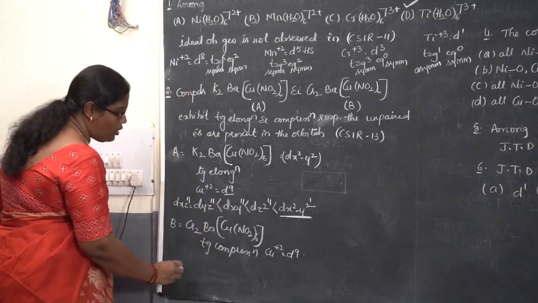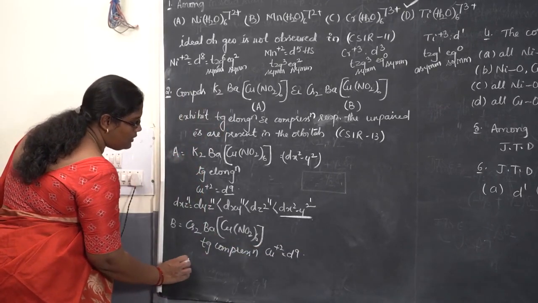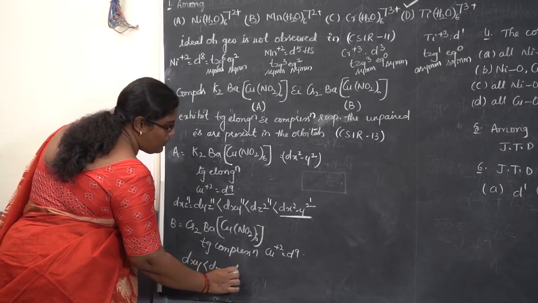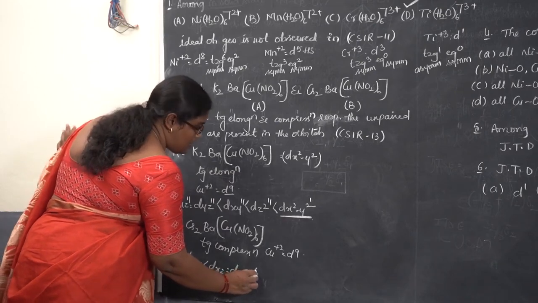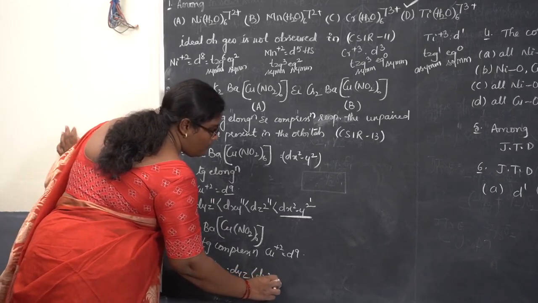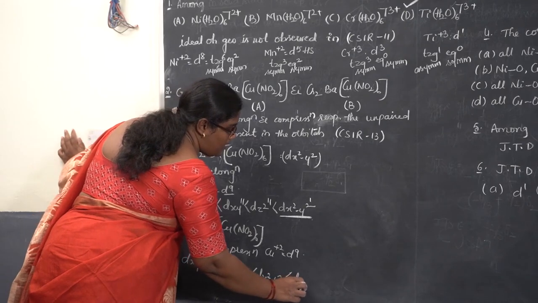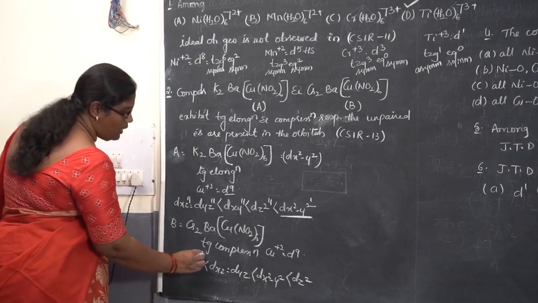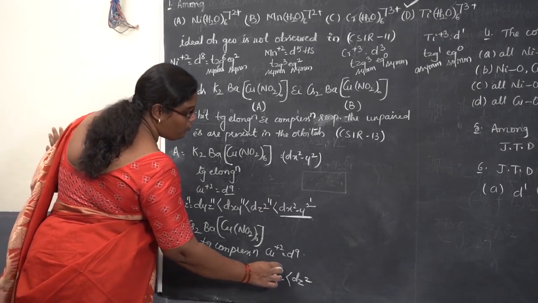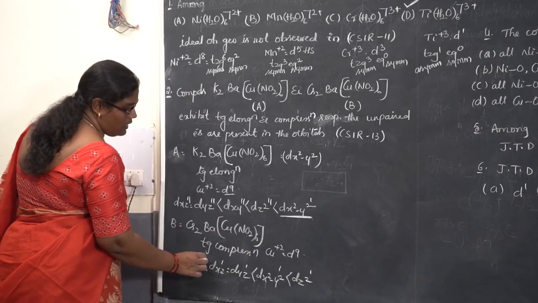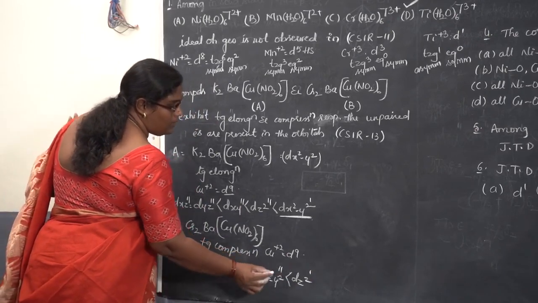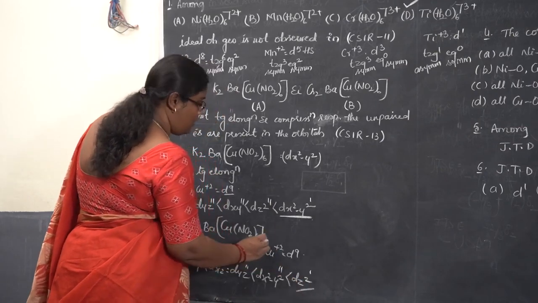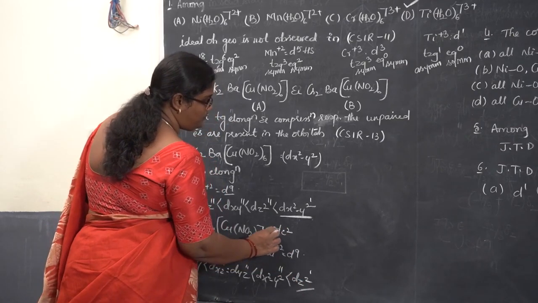The increasing order of energies of orbitals is dxy less than dxz equals dyz less than dx square minus y square less than dz square. So arrange 9 electrons in these orbitals. So 1, 2, 3, 4, 5, 6, 7, 8, 9. Means in this complex, the unpaired electron is present in dz square.